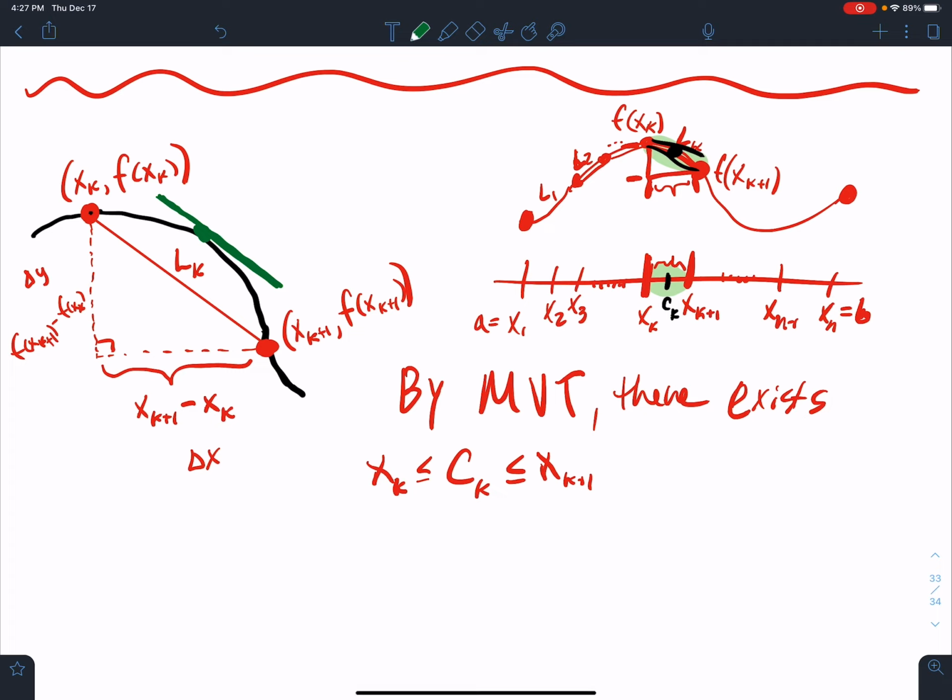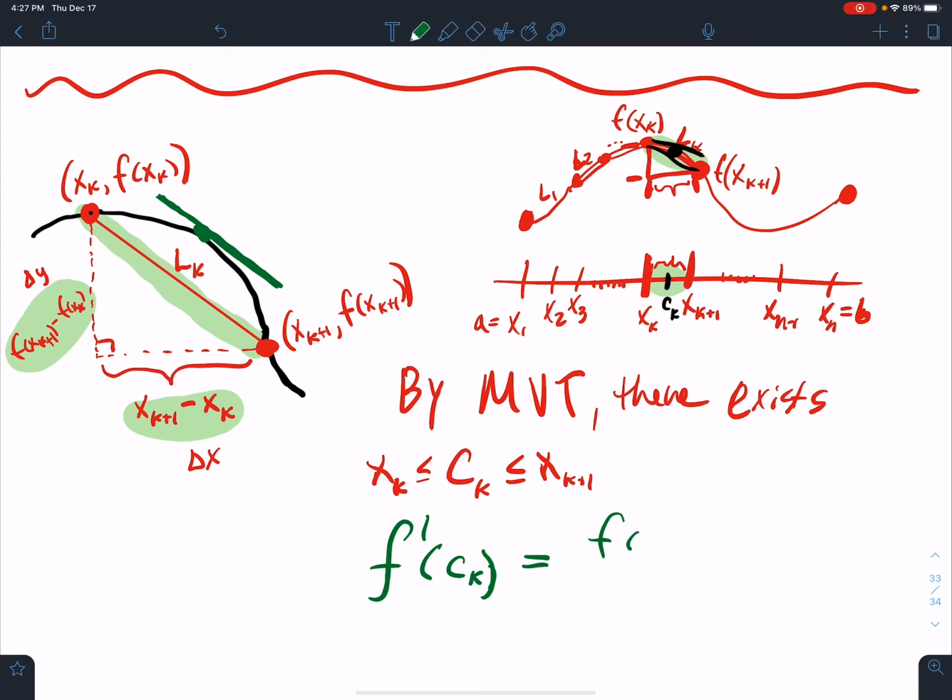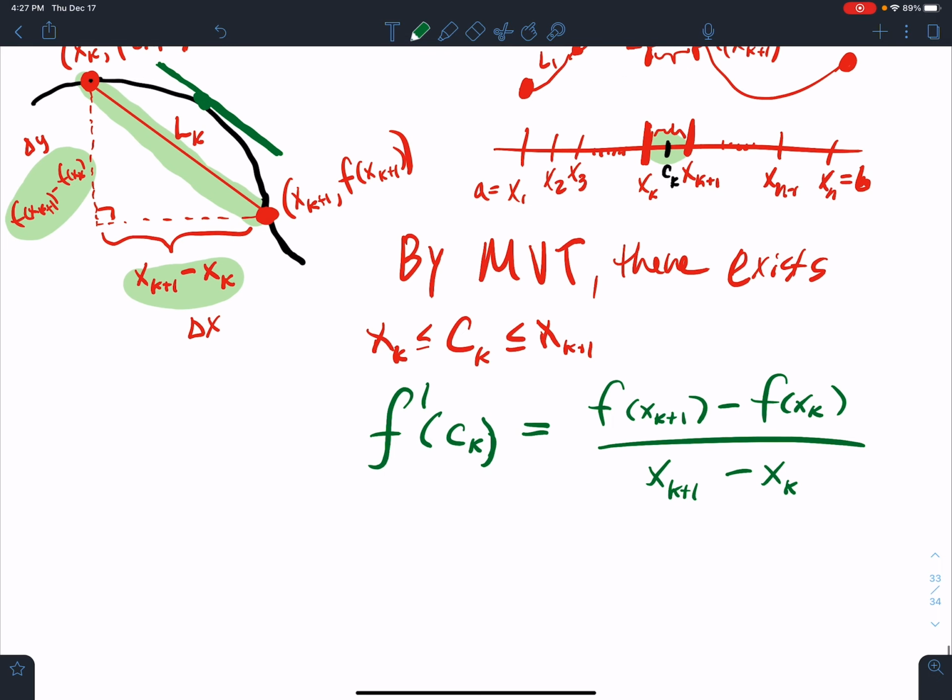Meaning the derivative evaluated at ck is equal to this same slope, rise over run, which is f of xk plus 1 minus f of xk over xk plus 1 minus xk. So by the mean value theorem, this is guaranteed.